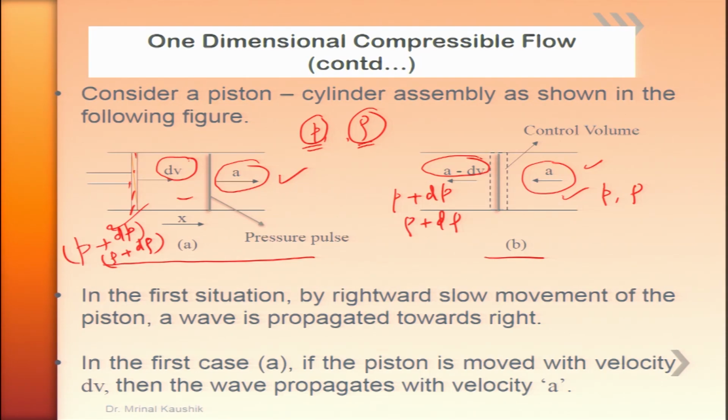Please note, the area where the wave is traveling is covered by both walls, so if the cross-sectional area of this piston is A, then the mass flow rate approaching from this side, the mass flowing per unit time, is in one dimension the density multiplied by the area and multiplied by the velocity, because A into V, from our fluid mechanics, we know is the volume flow rate.